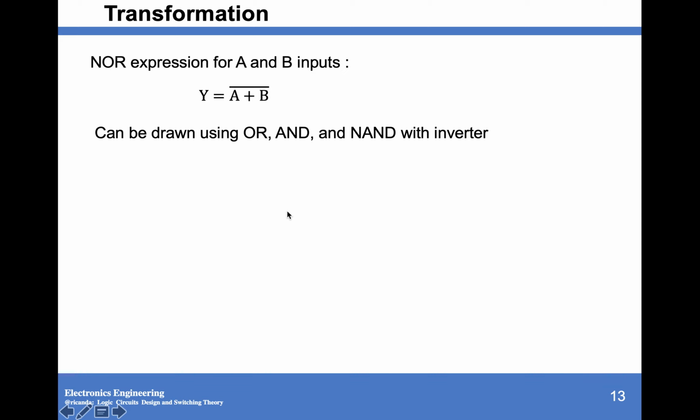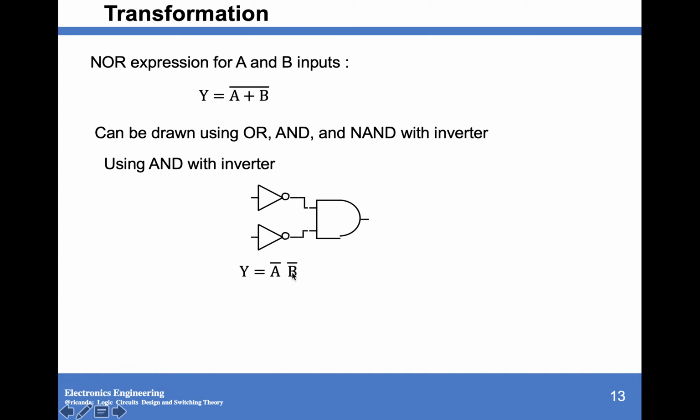If we have to use an AND with inverters, so we have an AND connected with inverted inputs. So if we have to get the expression of this circuit, that is equivalent to A bar, B bar. Applying De Morgan's theorem to join these two bars, that is now equivalent to your NOR.